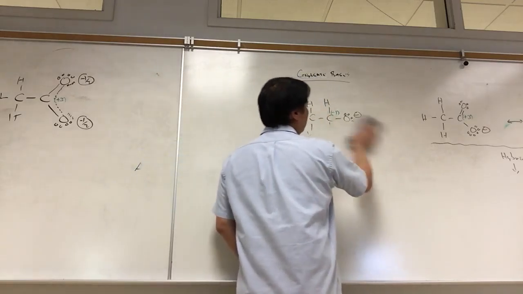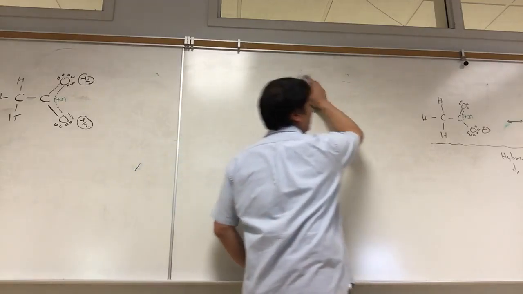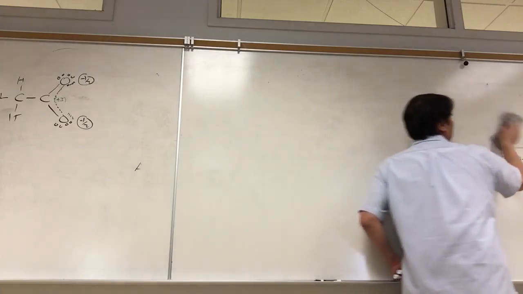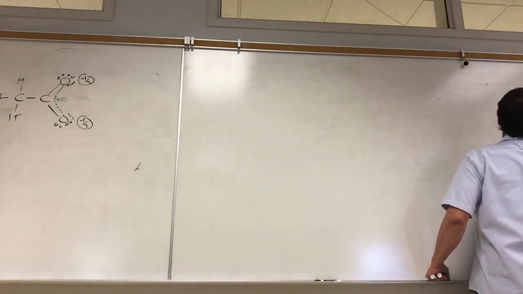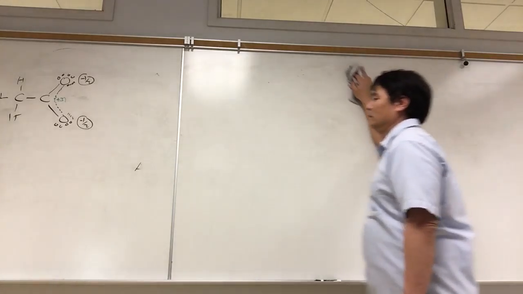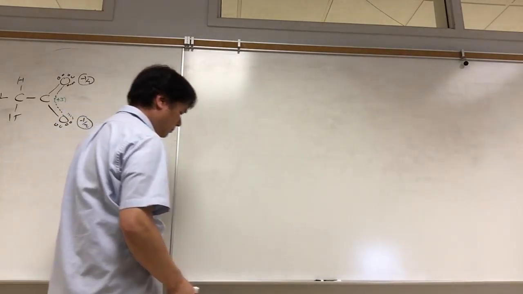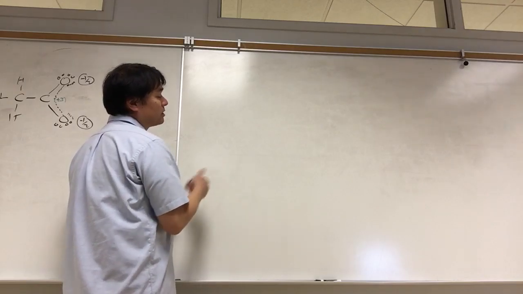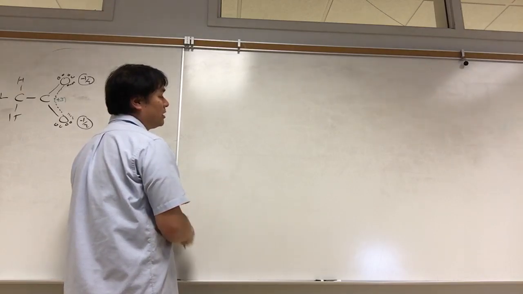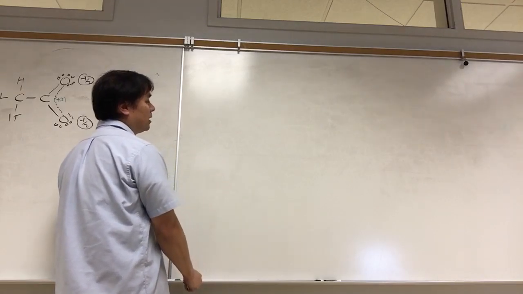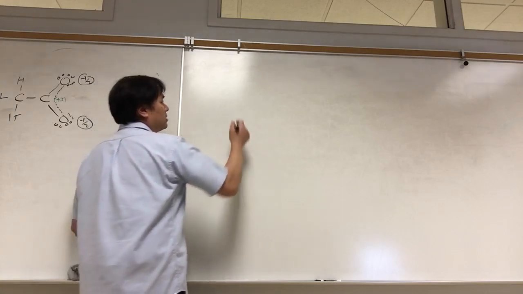And so alcohols like this, the conjugate base, like ethoxide or whatever else, they're going to have localized negative charge, which means they're going to be highly unstable. Except for this one.